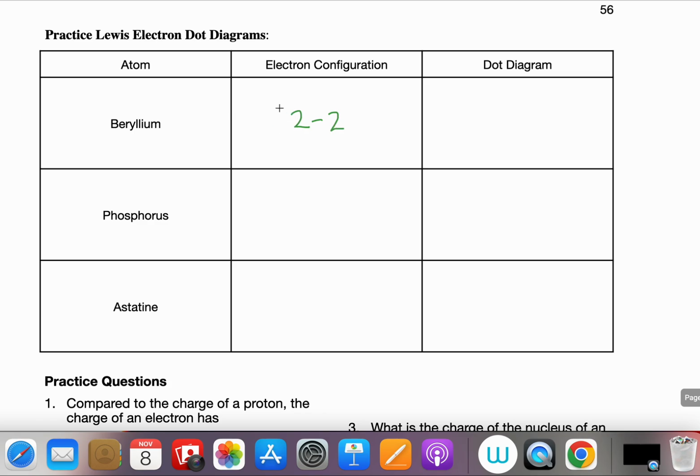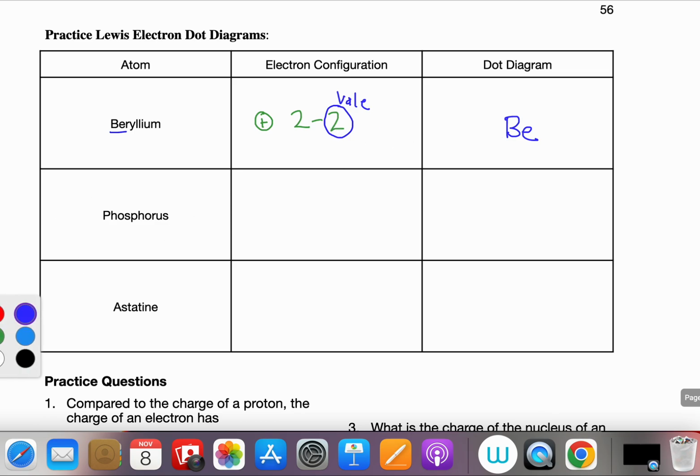Remember, the first number in the configuration is energy level 1, closest to the nucleus. So energy level 2 for beryllium is the valence. It's the last number in the configuration, so that's your valence electrons. Beryllium's symbol is Be, and we get to place 2 dots around it.